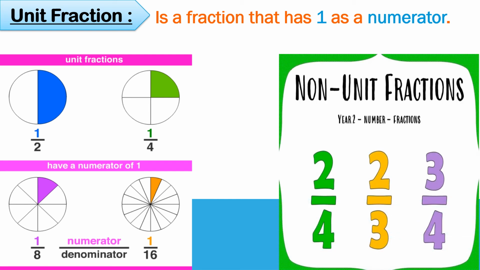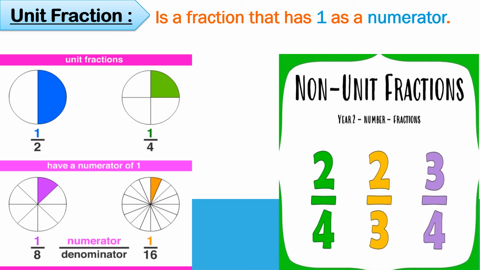Here, non-unit fractions. Why? Because here we have 2 over 4, 2 over 3, 3 over 4. Here we have numerators different than 1. The numerator here is 2.